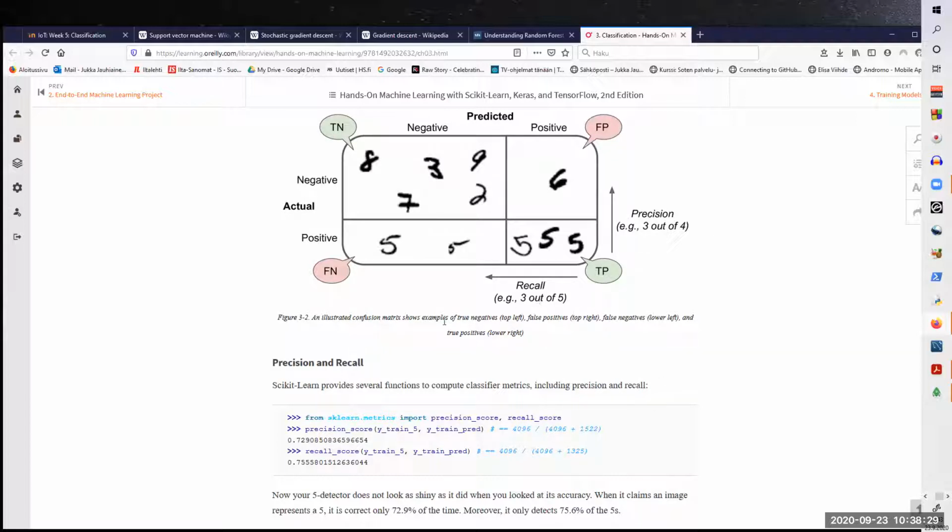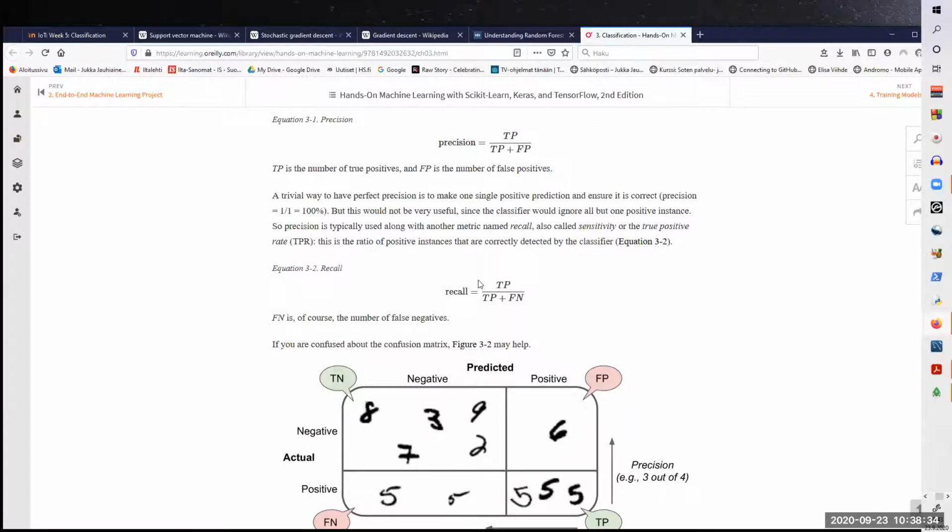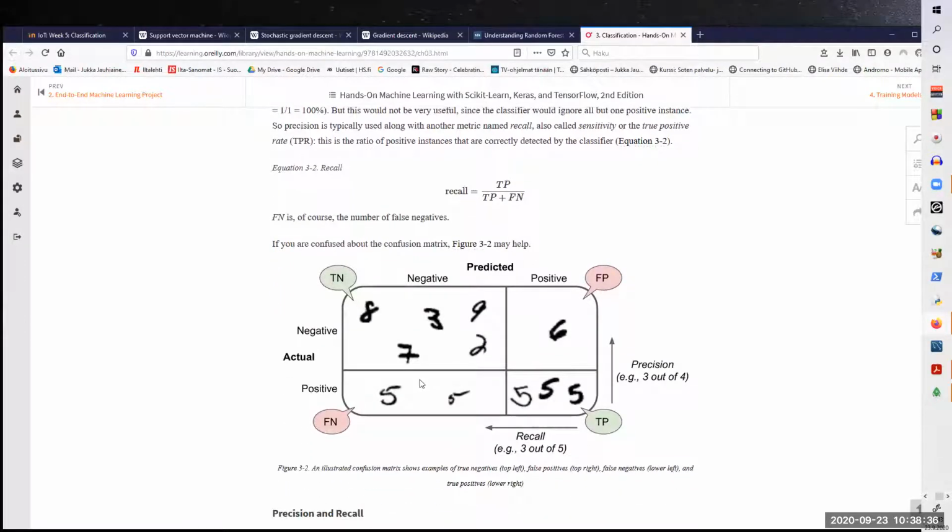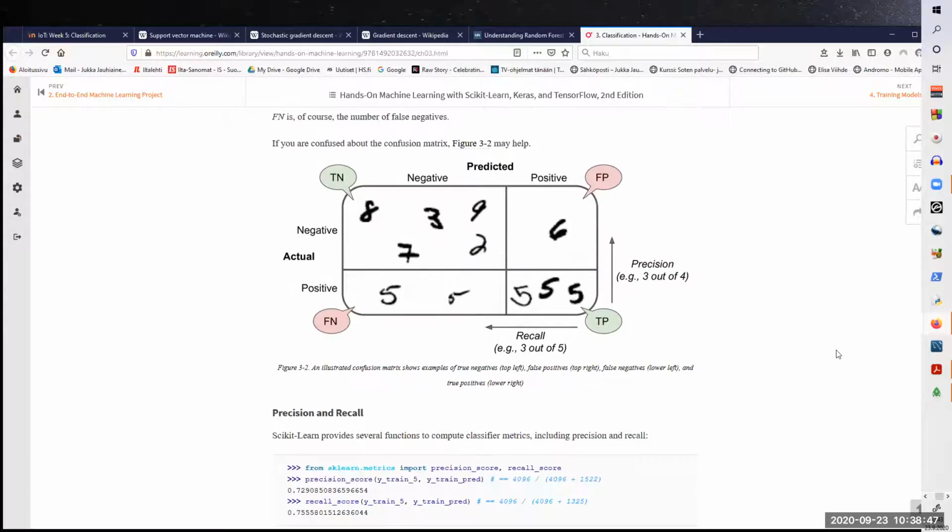And then recall, we have again 3 true positives and 2 false negatives. So the sum of these is 5 and true positives is 3. So recall is 3 out of 5.